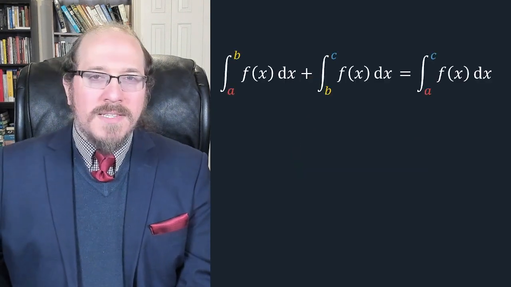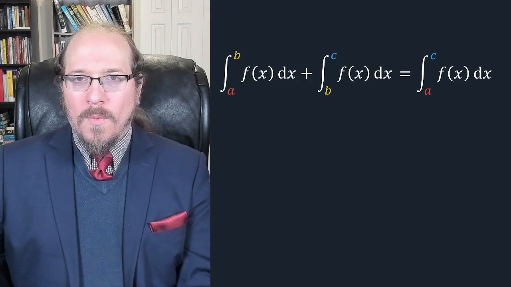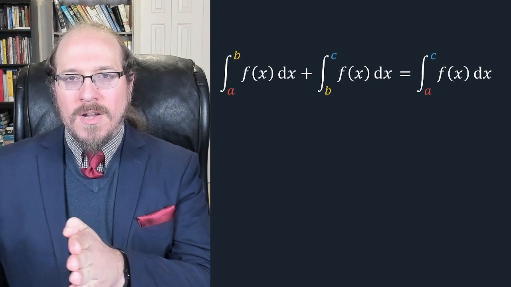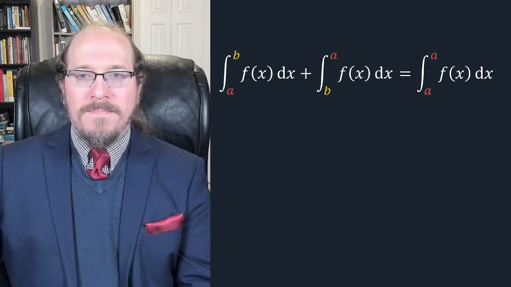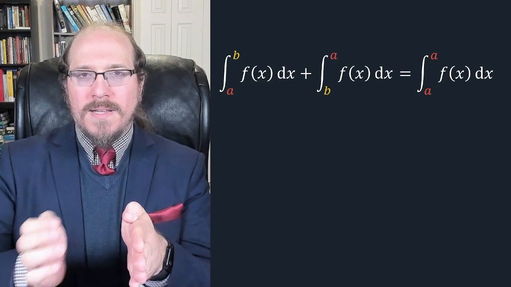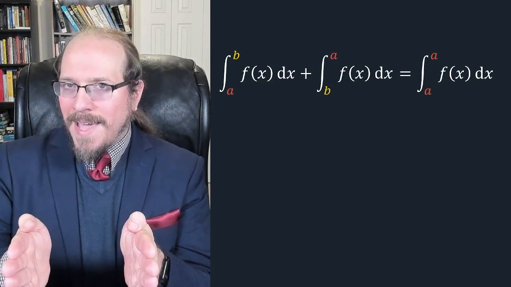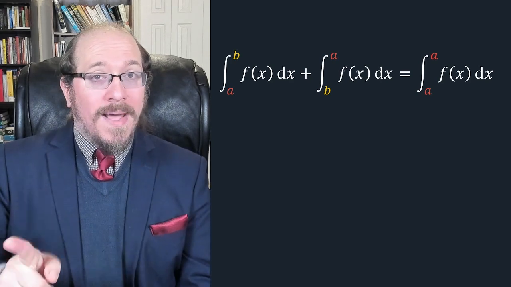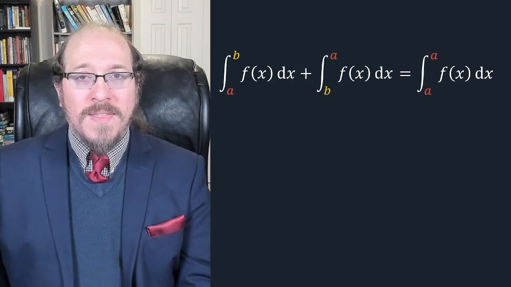Okay, let's go back to our equation. What if we take c and dial it back even further, replacing it with a? So now we've got the integral from a to b plus the integral from b to a is the integral from a to a. Okay, based on the last problem, we know what to do with that now.